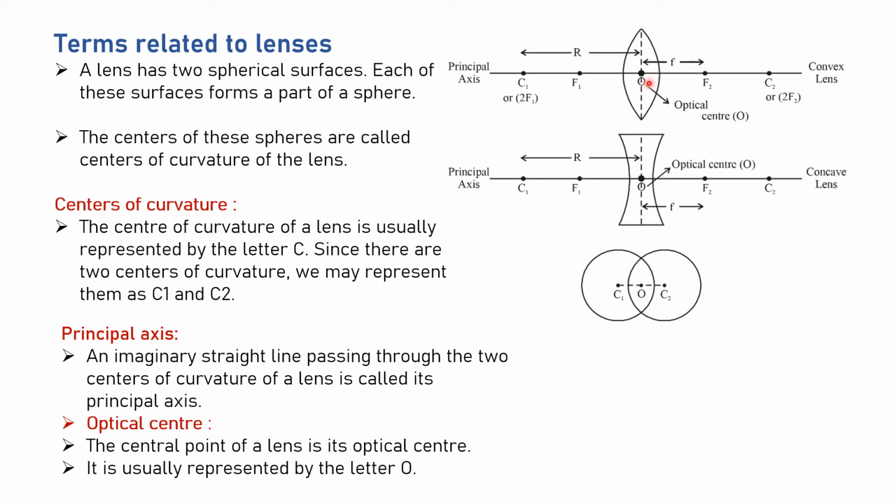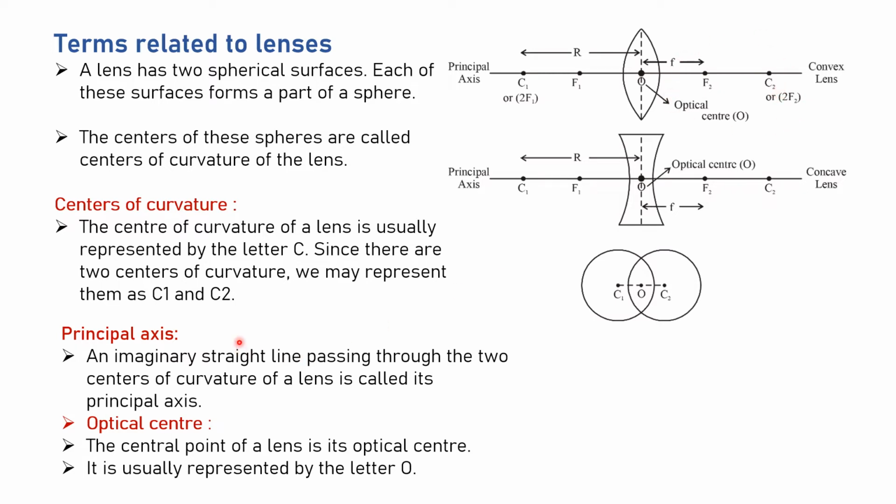The distance between the optical center O and F2 in case of convex lenses will be considered as the focal length. Why? Because when the rays come parallel to the principal axis, they actually meet at the focus. So this focus is also known as the principal focus. F2 is on the right hand side, the back side of the lens, and it is the principal focus. C2, which is also known as 2F2, is the center of curvature of my second sphere.